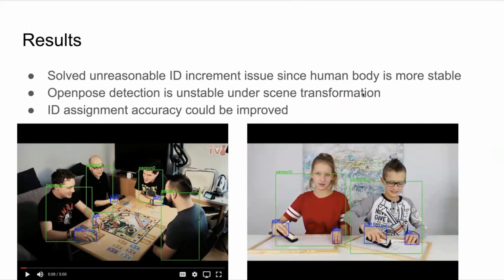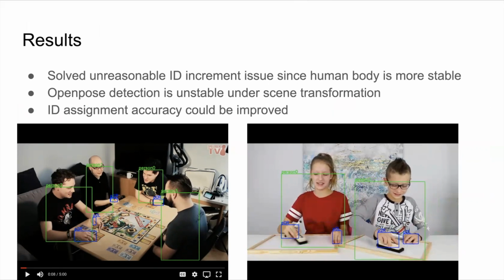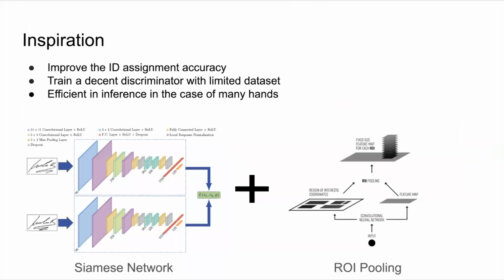So to solve this, we proposed our third method. In order to improve the ID assignment accuracy with limited ground truth in short sequences, we think training a discriminator would be easier than a classifier, which is used in FairMOT.